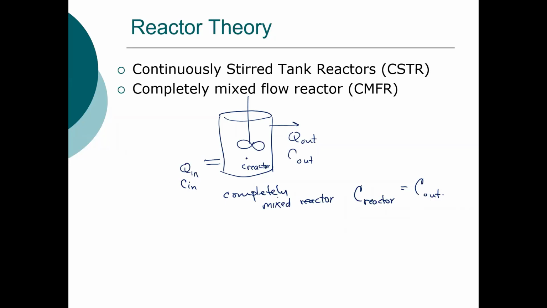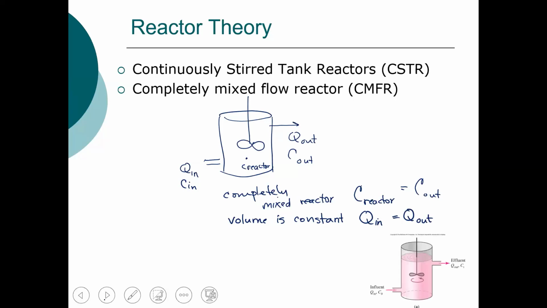If the volume is constant, that means that Q in is equal to Q out. And you'll often see an image like the one that I've shown you here to describe the reactor. We talk about an influent concentration, that's the flow in, and we talk about the effluent concentration, that is the flow leaving the reactor.